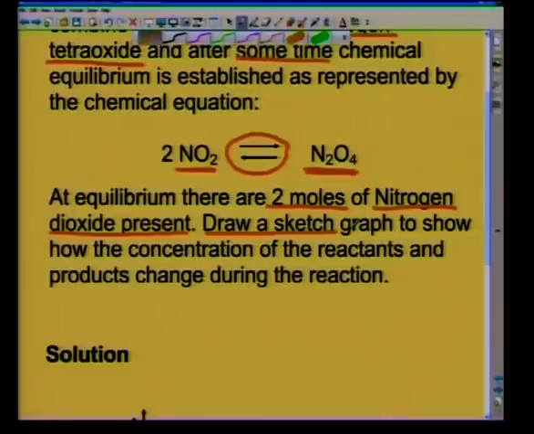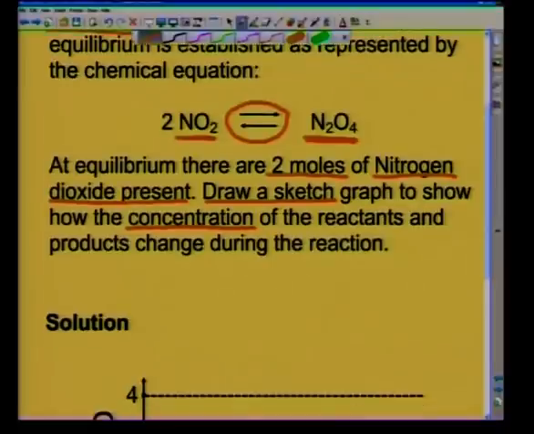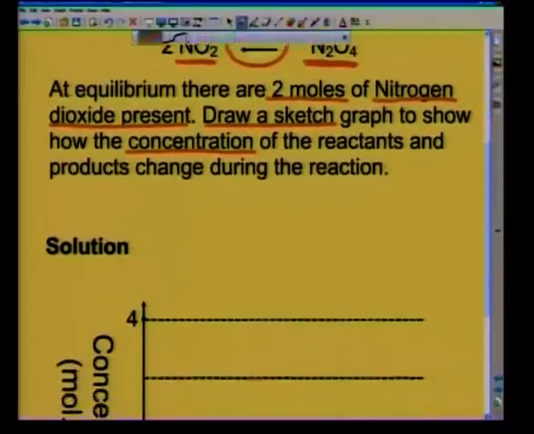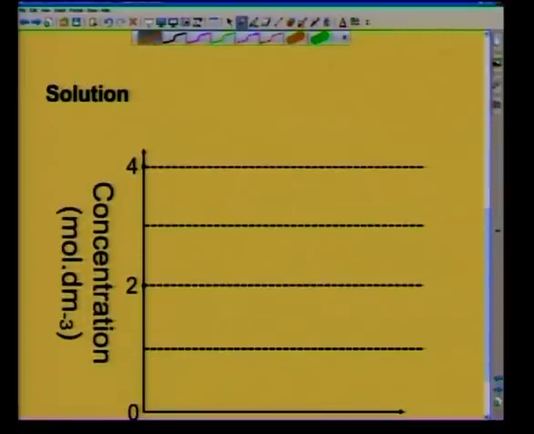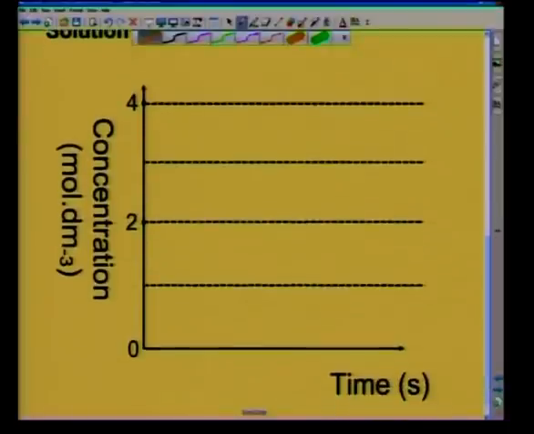Draw a sketch graph to show how the concentration, now this time we're talking concentration of the reactants and the products, not the rates. Now how is that going to be drawn? Remember, we're starting with 4 moles of nitrogen dioxide, but at equilibrium we have got 2 moles of nitrogen dioxide.